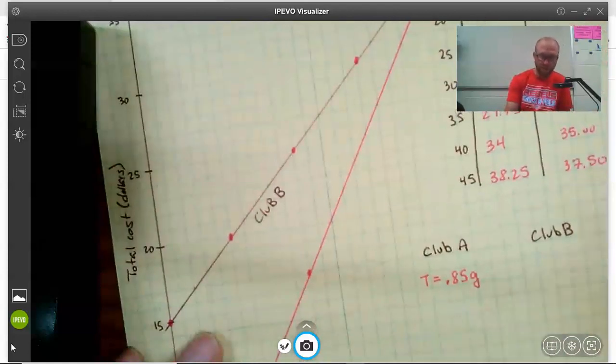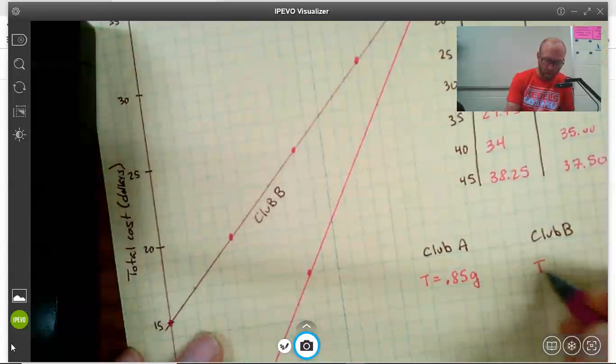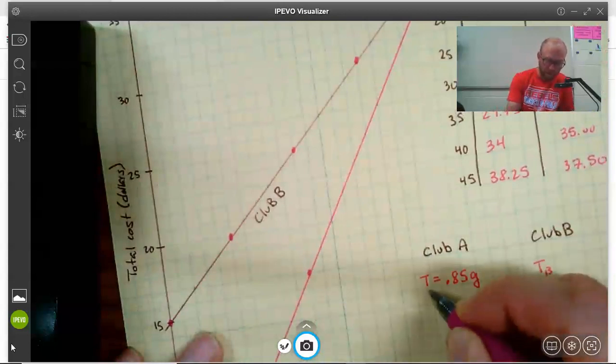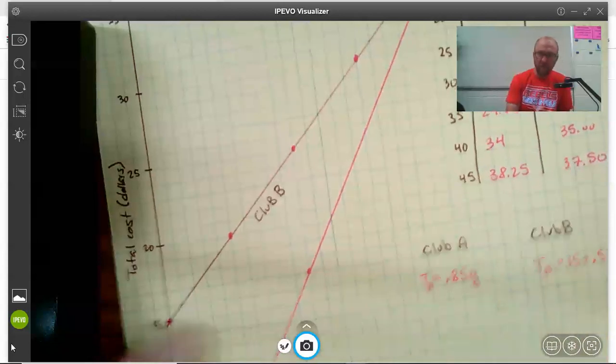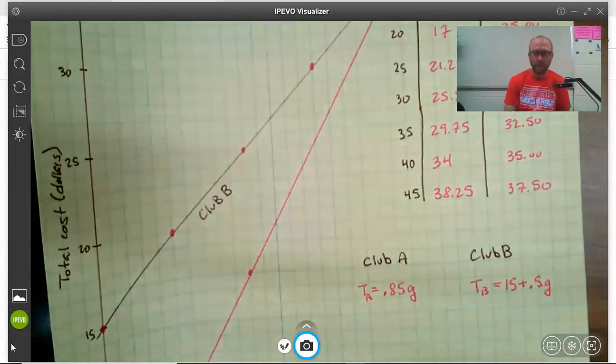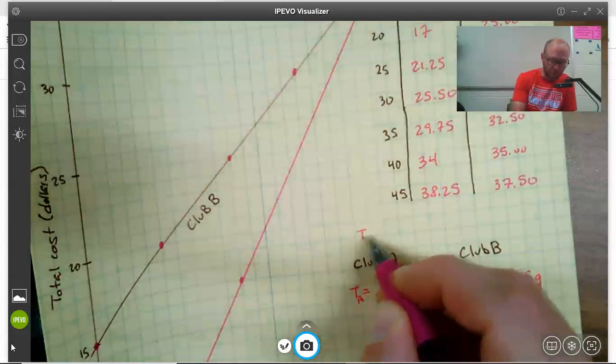And then over here for Club B, we'll call this T sub B for cost for B, is equal to $15 plus 0.5 G.